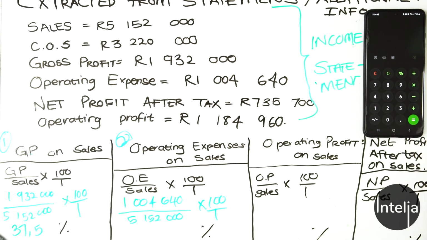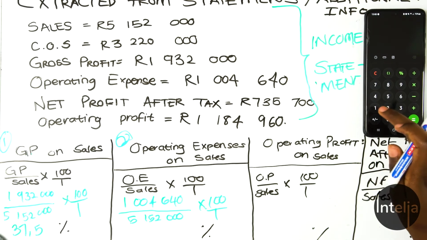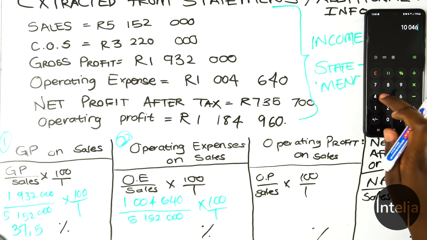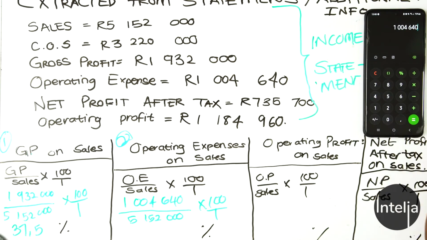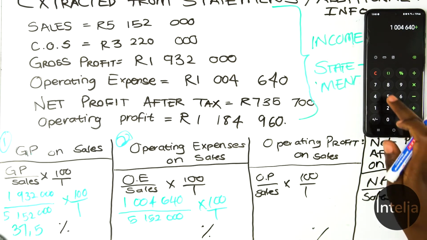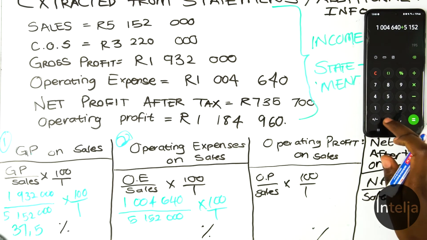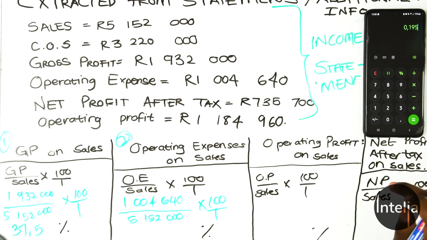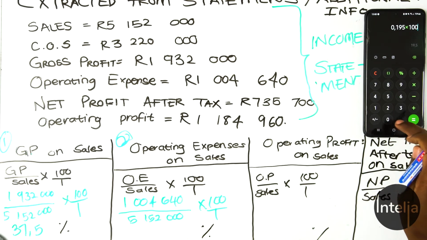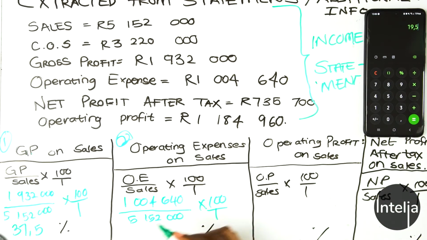So we say 1,004,640 divided by 5,152,000 multiplied by 100. It's 19.5%. Obviously, if you were to round this off, this would be 38%, this would be 20%.